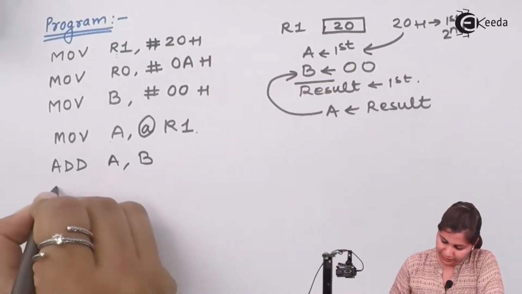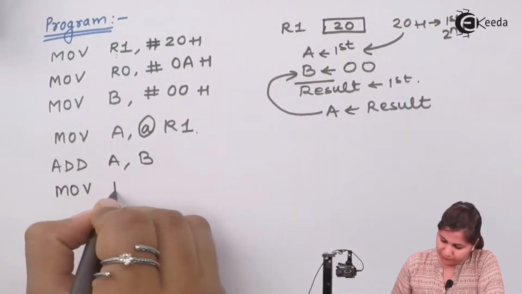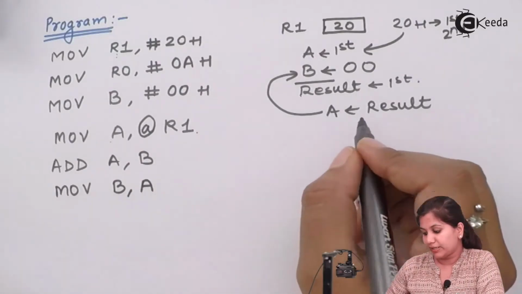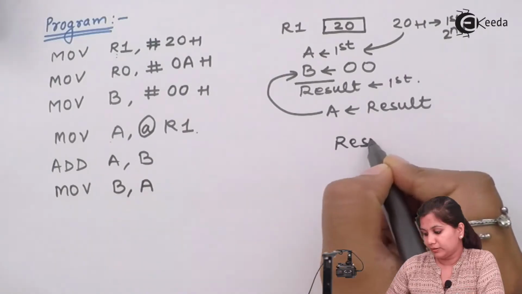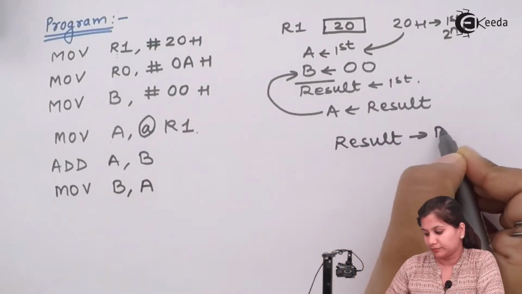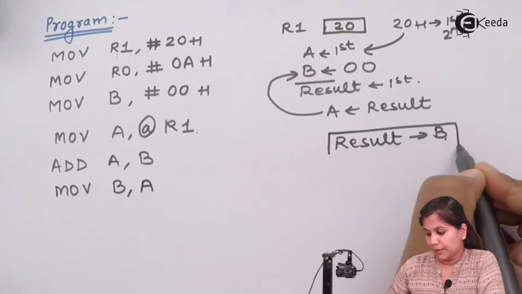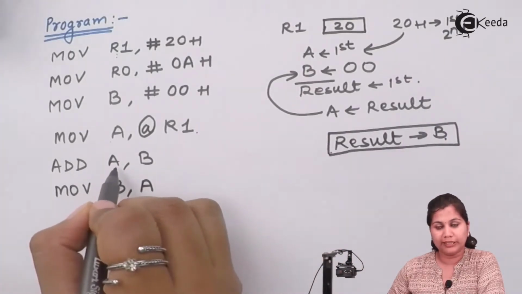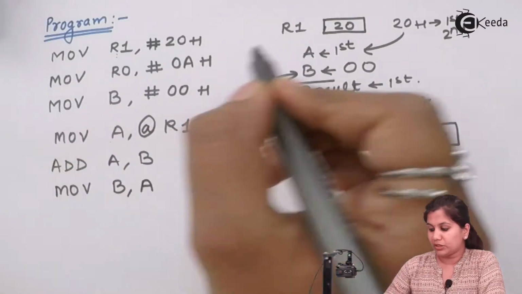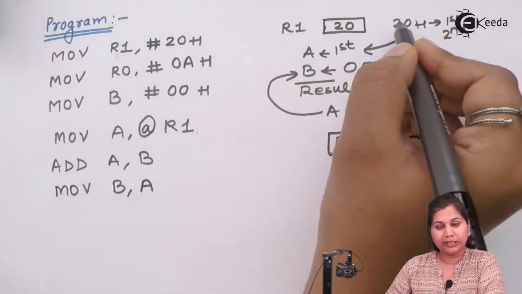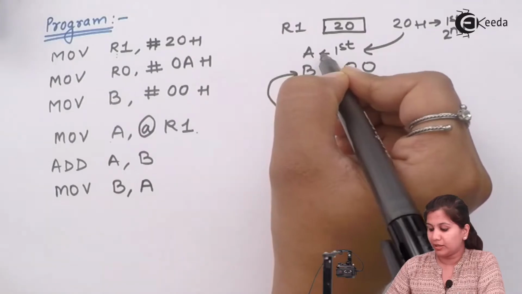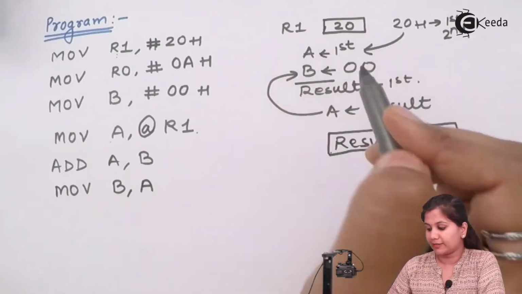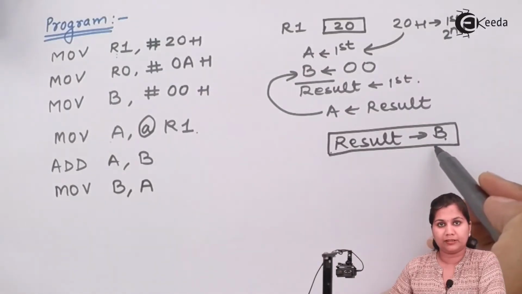So again we will write one step, move B comma A. Our aim is that the result should always be in the B register. But addition is always performed with the accumulator. So every time the number should be shifted into the accumulator, the two numbers added, and then that result shifted into the B register.